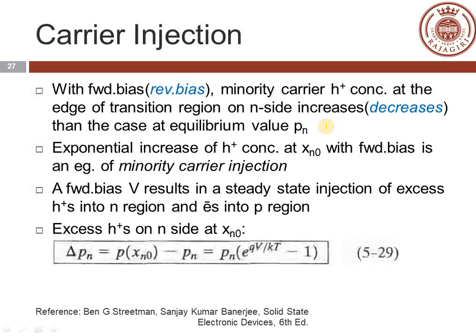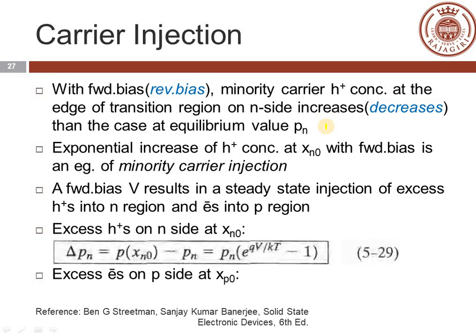Again, delta Pn is the instantaneous initial excess carrier concentration at xn0. P of xn0 is the carrier concentration at xn0, and Pn is the equilibrium hole concentration.